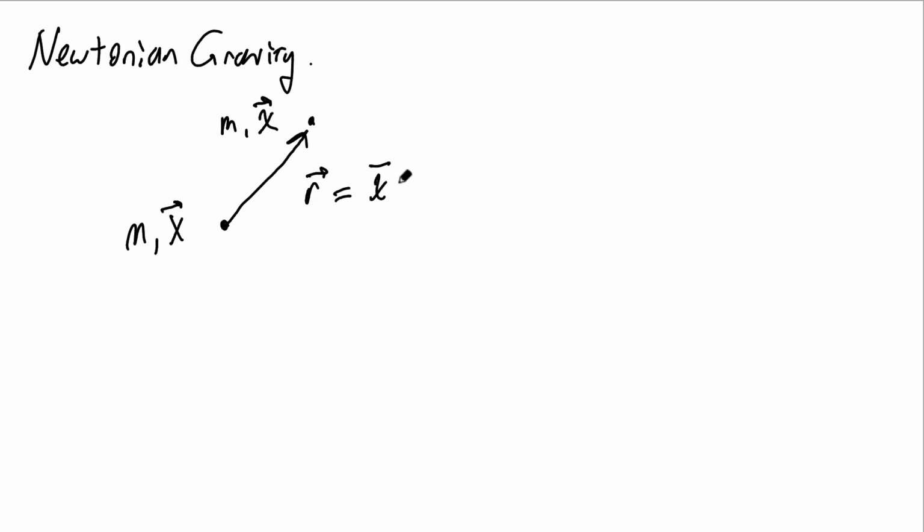It's little x minus big X. And now the force that big M exerts on little m, the gravitational force, is equal to minus Newton's constant G little m big M over r squared times r hat, the unit vector formed from r vector. And we can write this gravitational force in terms of a potential.